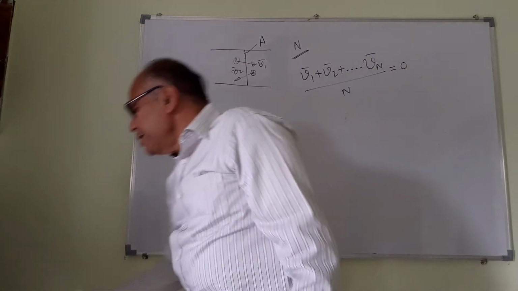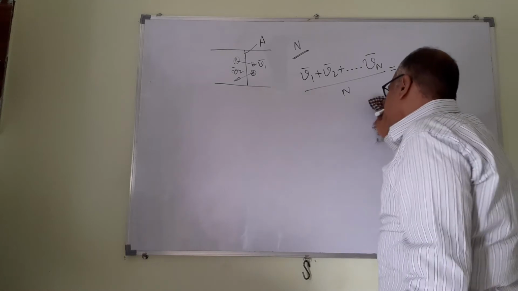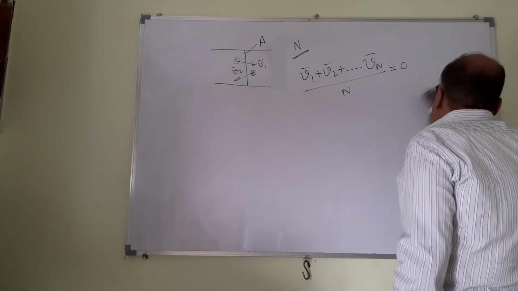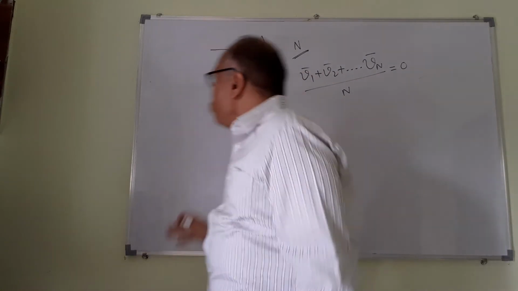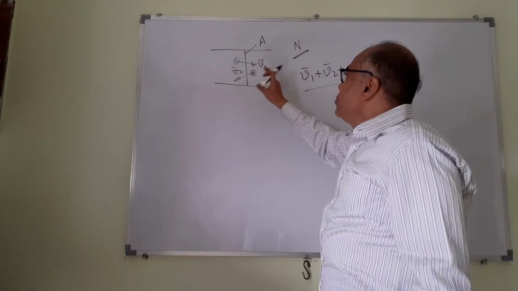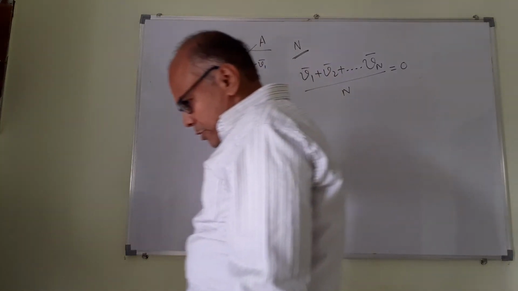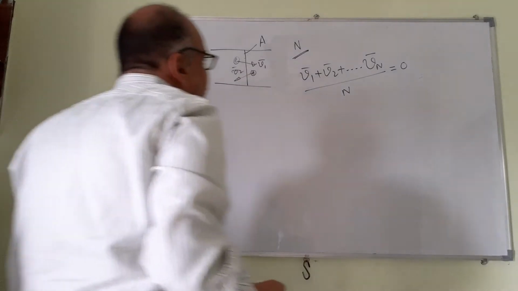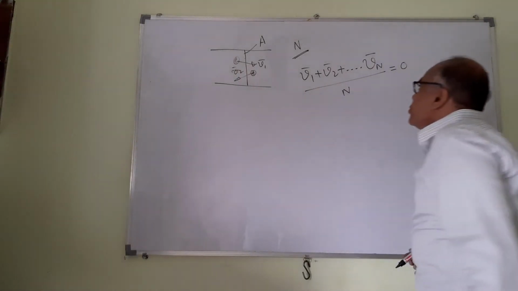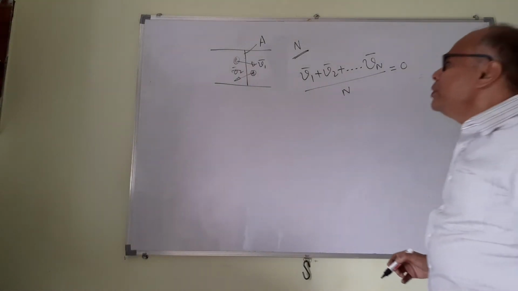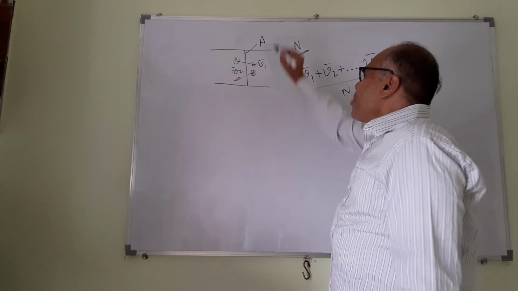Because as I said, without an external electric field, there is no net flow of charge from one side to the other. So this is 0.